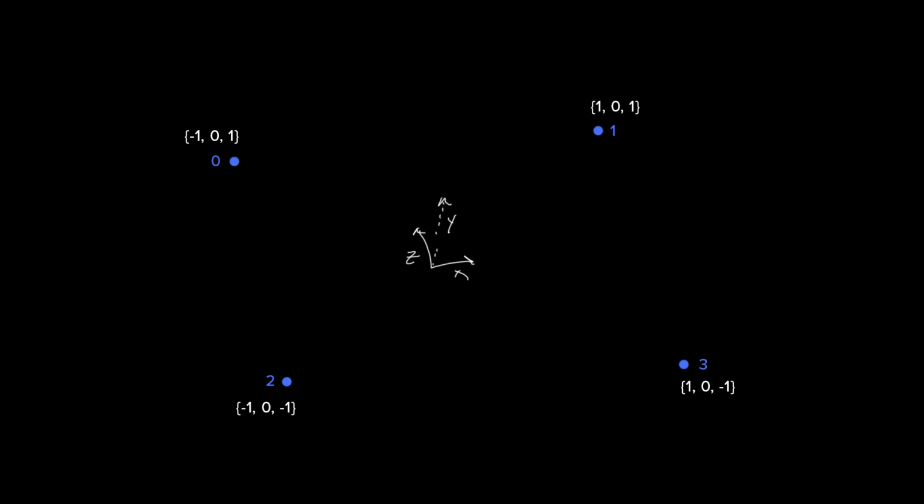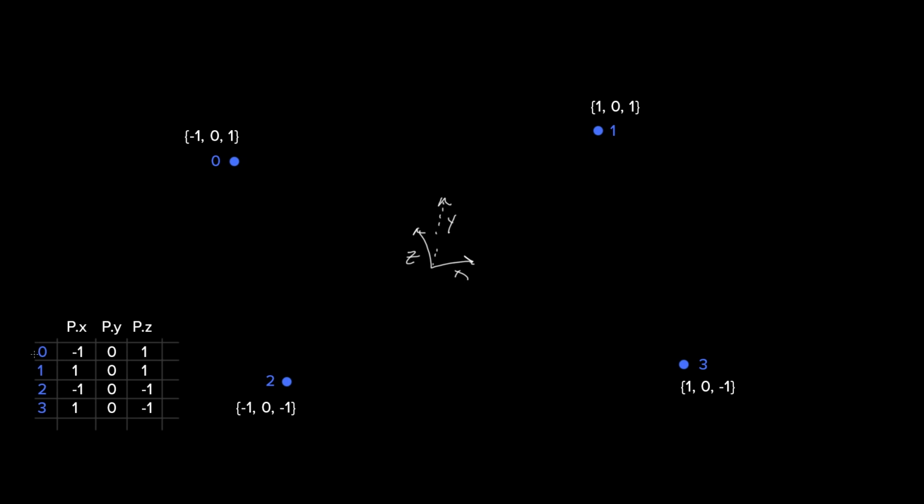Another way to represent that might be a little bit more Houdini-like is like this. So we have point 0 sits at -1, 0, and 1. Point 1 sits at 1, 0, 1, etc. Right? So we have p, which is position, but we have p.x, p.y, and p.z, and those are all separated out here. So we can actually just turn off these because they're represented right here.